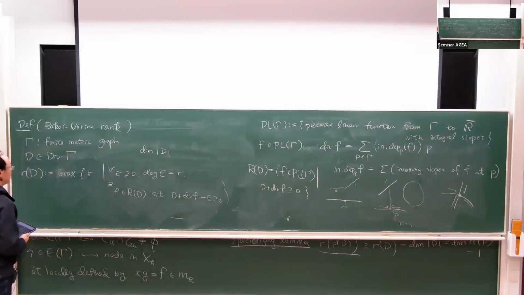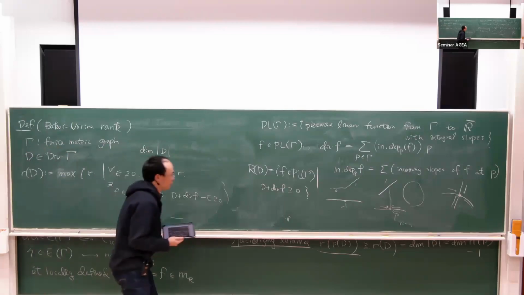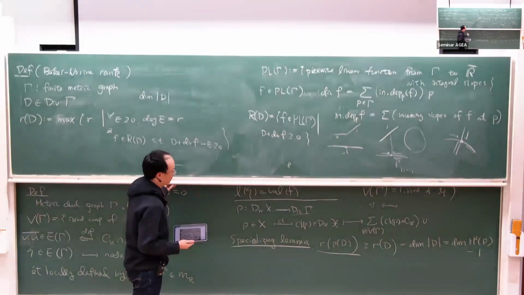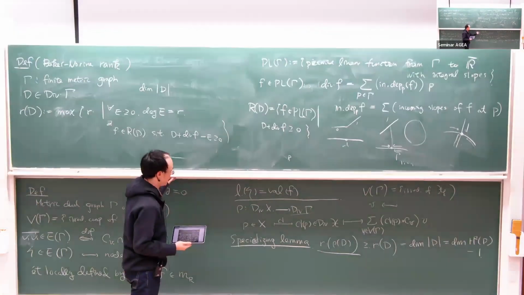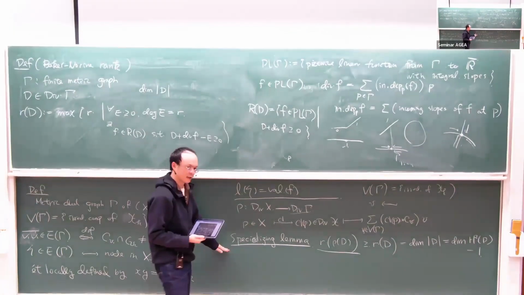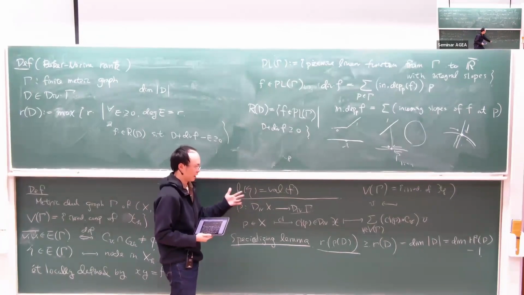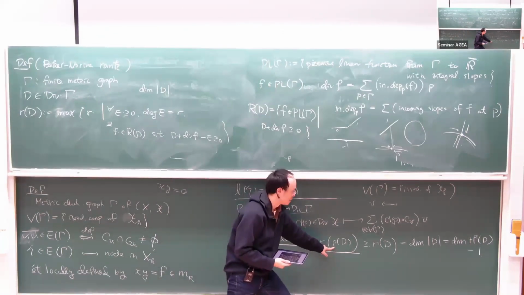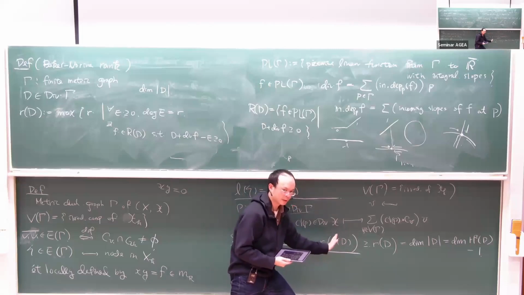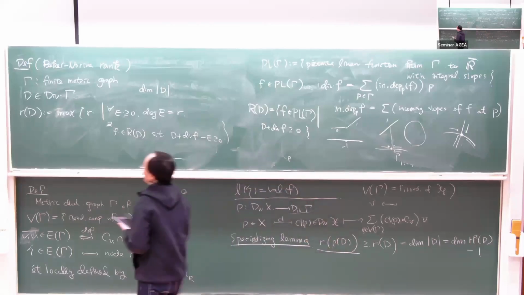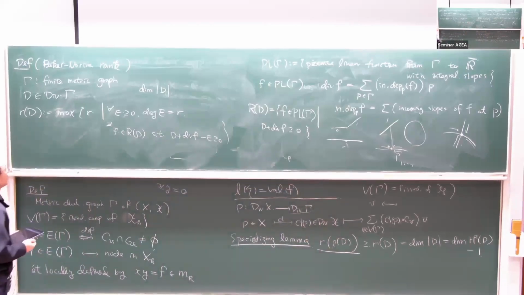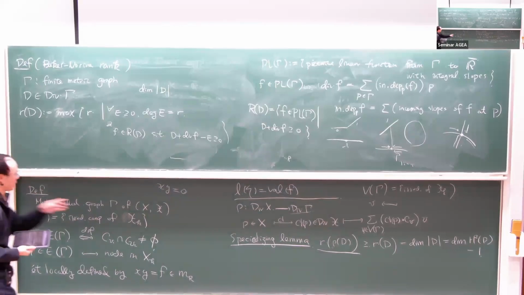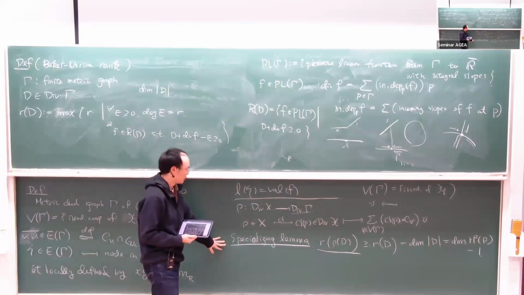That's the Baker-Norine rank. The specialization lemma asserts that if you specialize some divisor from a curve, then the resulting divisor will have larger rank in general. It cannot be smaller.